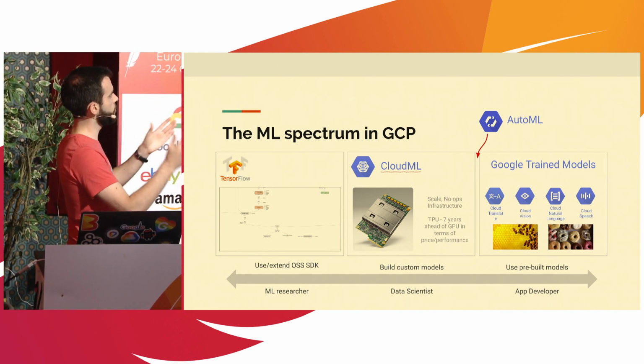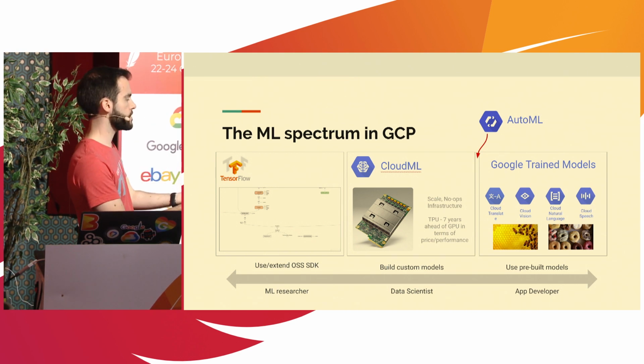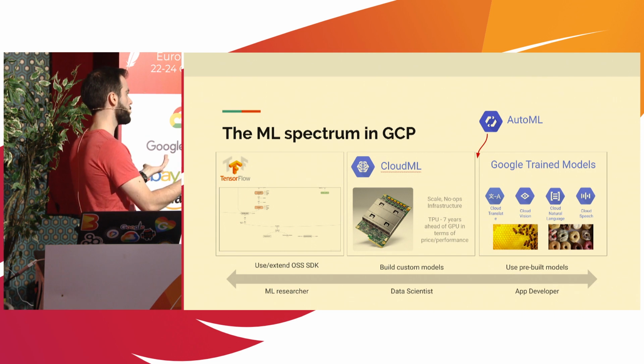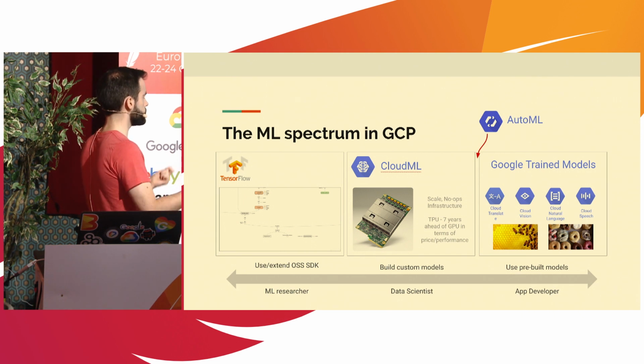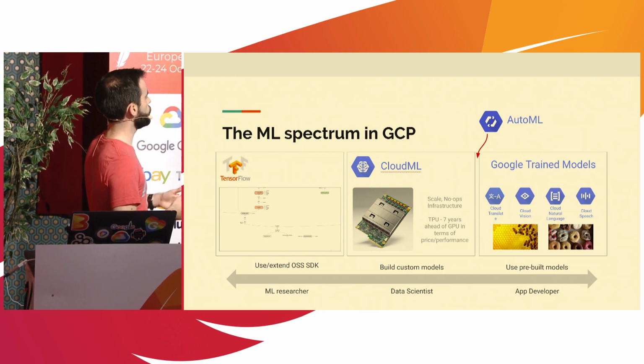AutoML is in the middle of CloudML. CloudML is where you build your custom models, but you need to know about models, about your data, about what you want to achieve.